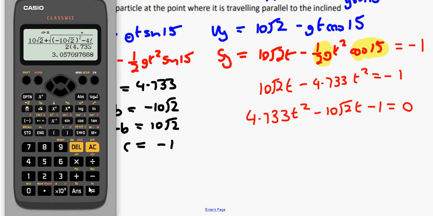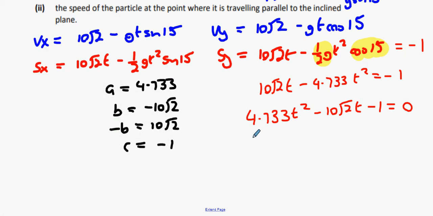Time of flight of 3.057 seconds is grand by me. Perfect. Time of flight is 3.057.